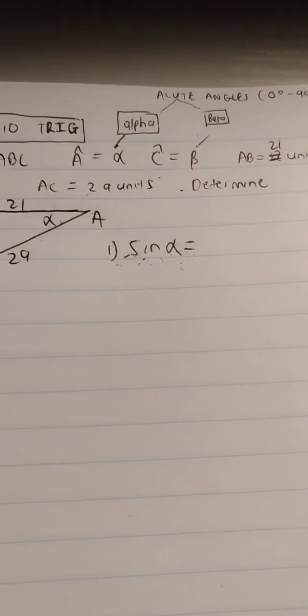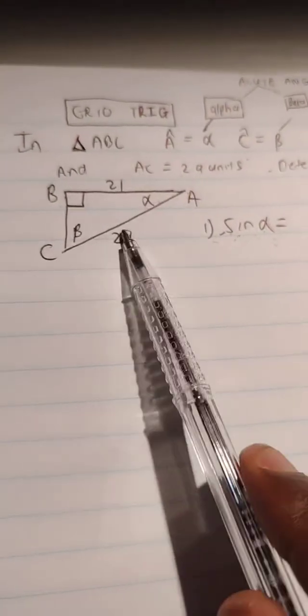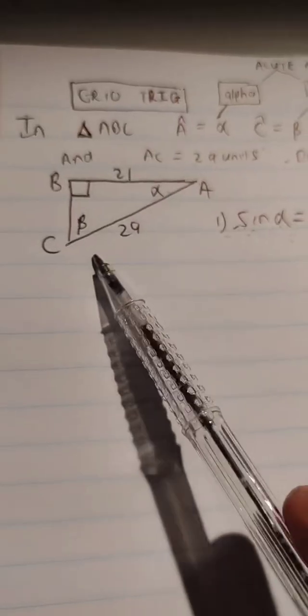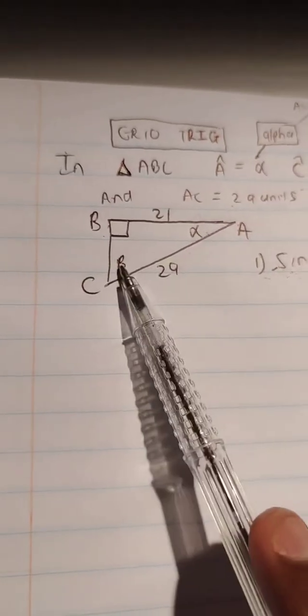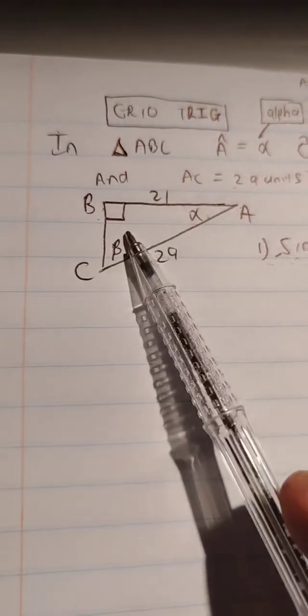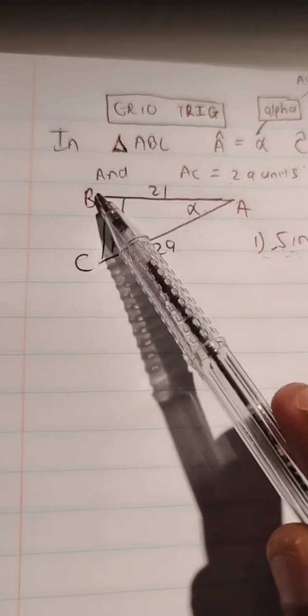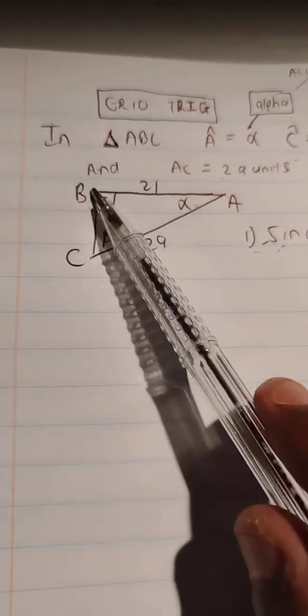Before we jump into this, we make sure that our triangle has all the necessary components, meaning all the sides and all the angles. We have 90, alpha, beta, so each angle in the triangle is defined. If you look at the sides, we have 21, we have 29, but we don't have the side BC.